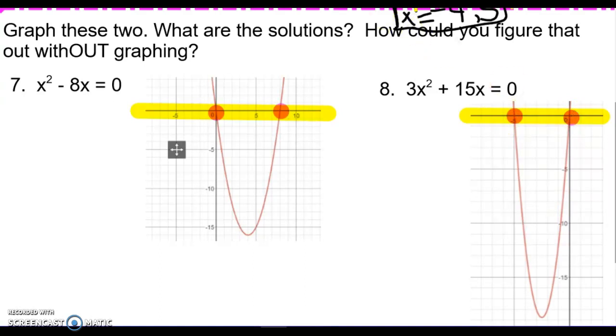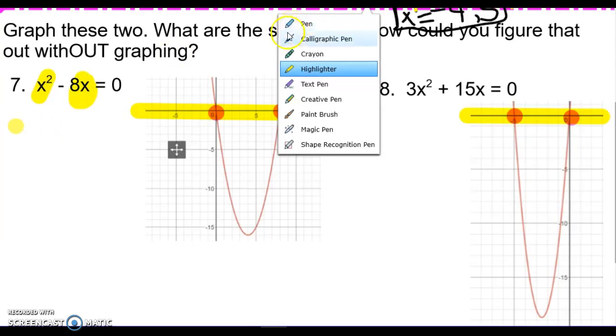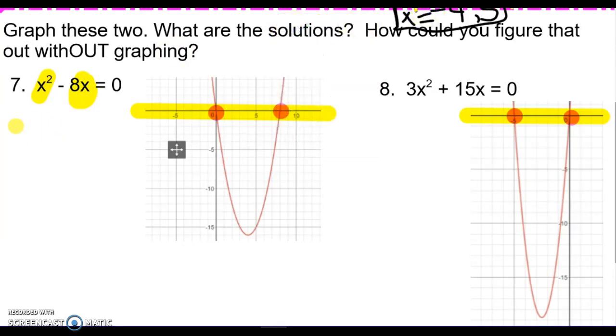So how could I figure that out? Well, let's check it out. This one I can't quite factor like I did the other one, but if 0 was a problem, let's try this. Is there something that I could take out of both x squared and 8x? I would say that you could take out an x from both of those.